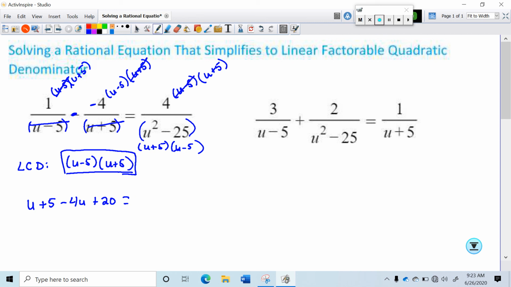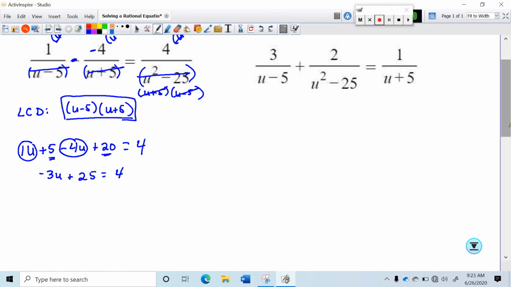U minus 5 cancels with u minus 5, u plus 5 cancels with u plus 5, so that's just a 4. Okay, putting my u's together. 1 minus 4 is a negative 3u, and 5 plus 20 is a positive 25, equals 4. I am going to subtract 25 from both sides.